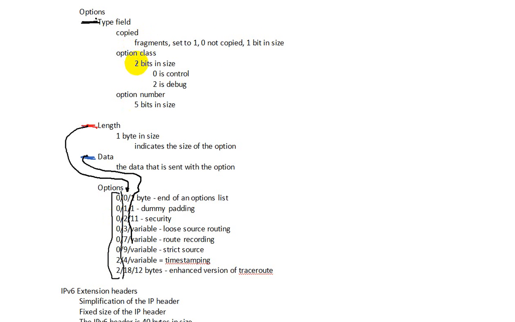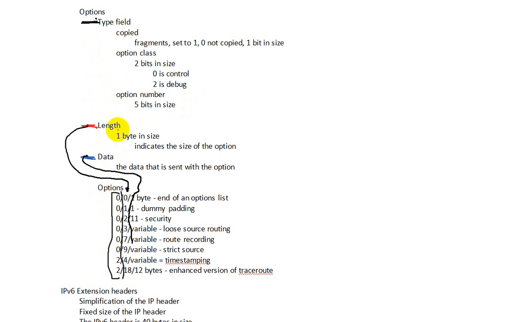So the options class, you're going to have 2 bits in size. 0 is control, 2 is debug. Again, if this isn't 100% clear what I'm talking about, and I'm sure it's not unless you've got a lot of experience dealing with this stuff, I would recommend Googling it as well, because I might not give you the best explanation. But then you have the option number is 5 bits in size. So that's actually how this information is broken down right here.